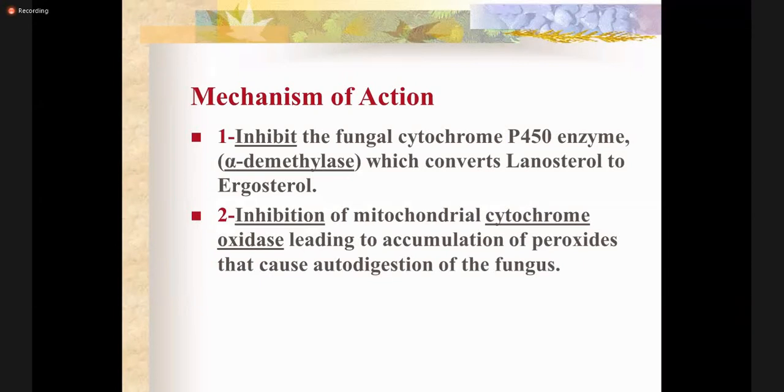Specifically, the enzyme is known as alpha-demethylase, so it does not allow the ergosterol to form, which ultimately forms the cell membrane. The second mechanism is that it inhibits the mitochondrial cytochrome oxidase, which leads to accumulation of peroxides, and that causes the autodigestion of the fungus.